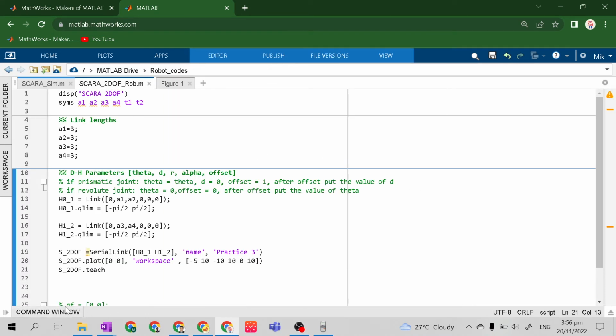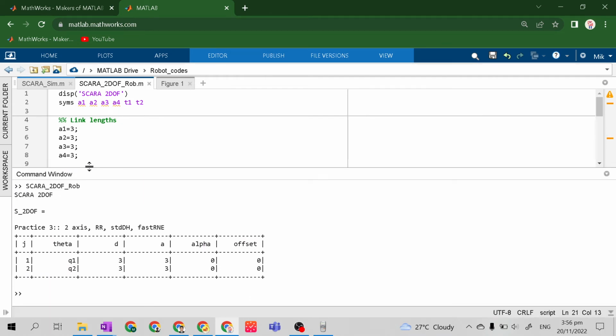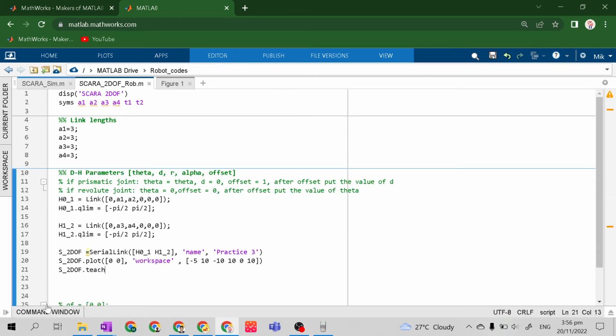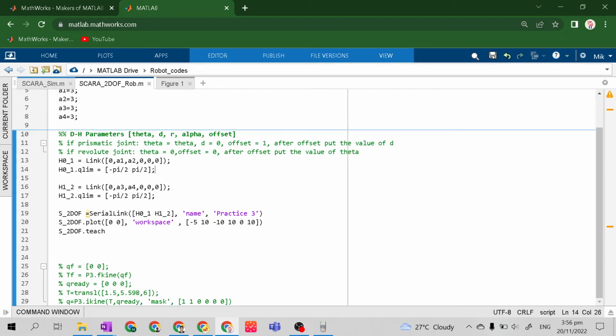Okay, so how about our forward kinematics? So our forward kinematics is not yet coded in this program. Okay, so what we do in robotics toolbox, we have here what we call the fkin command.